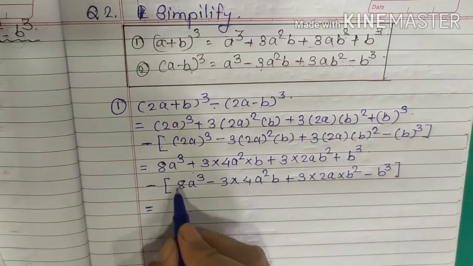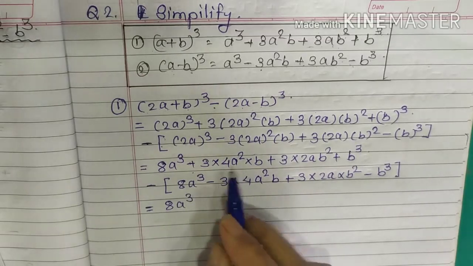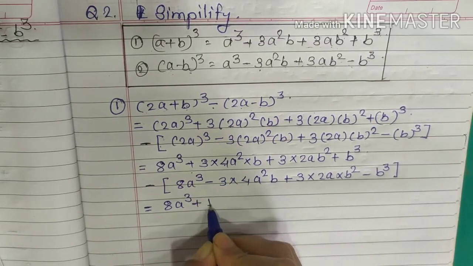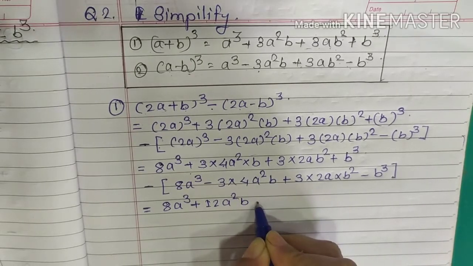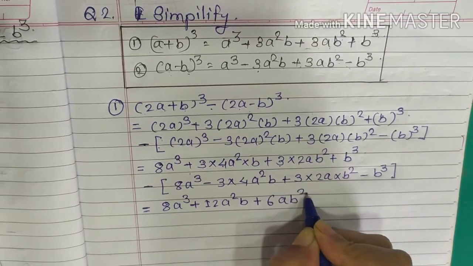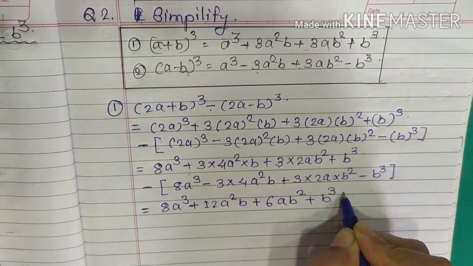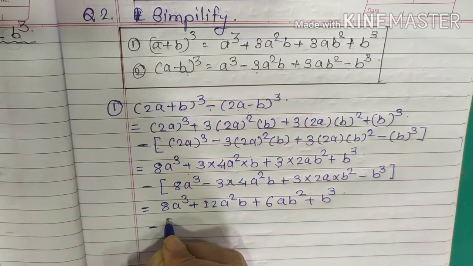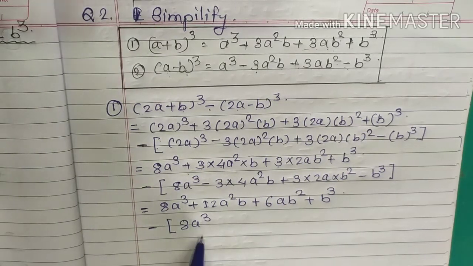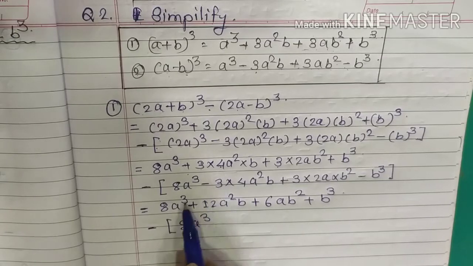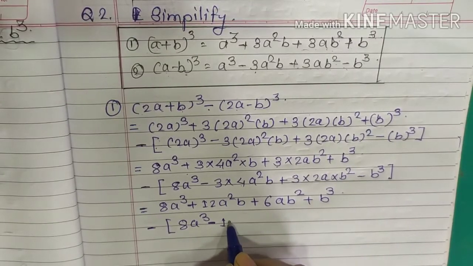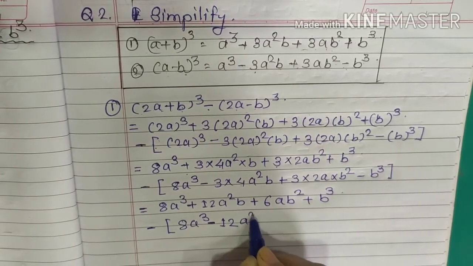In the next step, 8a cube, 3 into 4, that is 12a square b, plus 3 into 2, 6ab square, plus b cube, minus, in square bracket, 8a cube, then 3 into 4a square b, minus sign here, minus 12a square b.